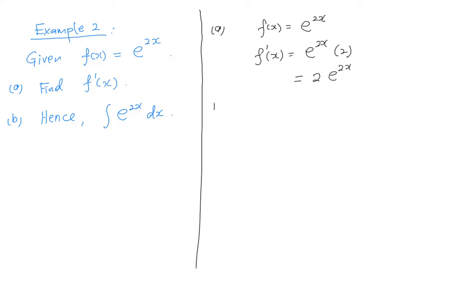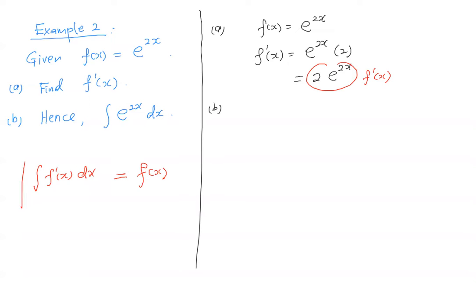Okay, so part B. You are not going to look at the question in part B because you are going to use this concept of antiderivative. You integrate f prime x, which is this one, and you will get back your f(x).